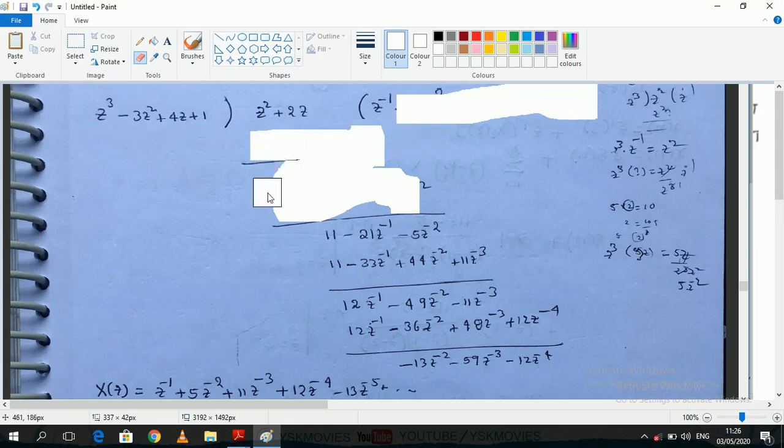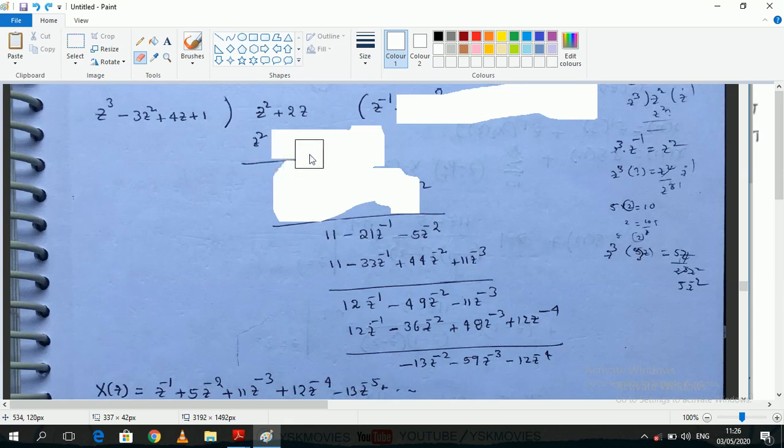So forget about the other values. Only how can we get z square? You multiply this z cube with z power minus 1, and we get z square.